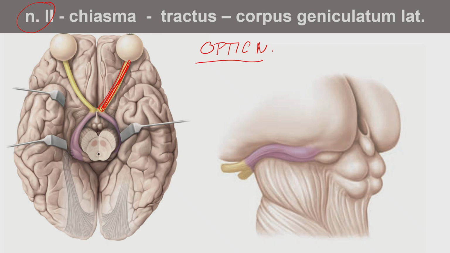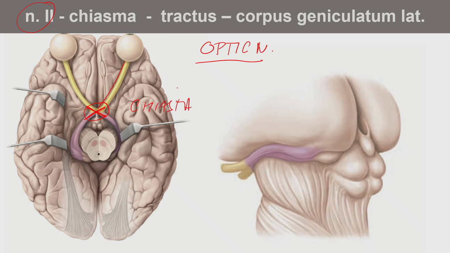The optic nerve then is going into this cross, and this cross, St. Andrew's cross again, is the site where partially the fibers are crossing, partially are not crossing. This is called the chiasma.